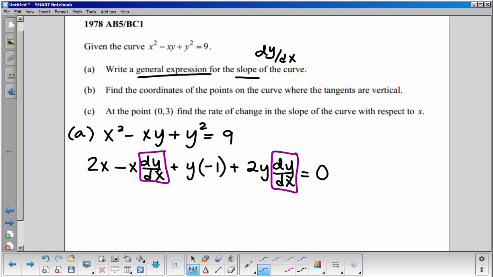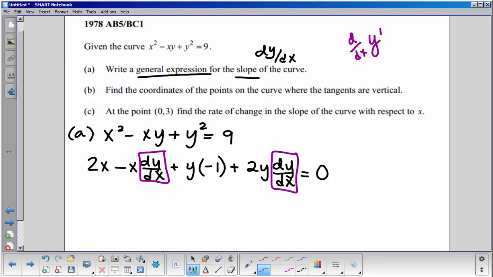The derivative of y is dy/dx. Well, think about it: if we take the derivative of y, what's its exponent? 1. So we bring the power down.